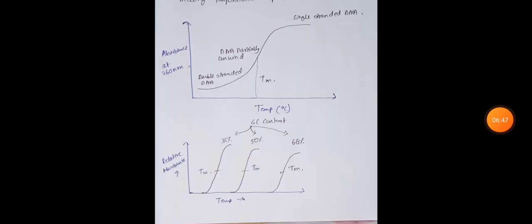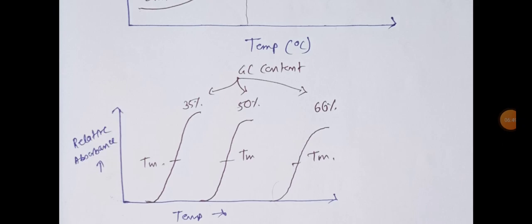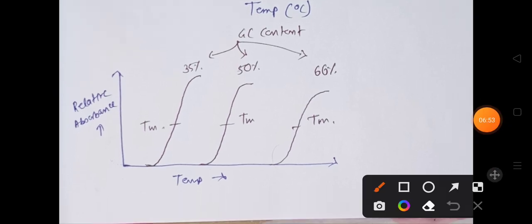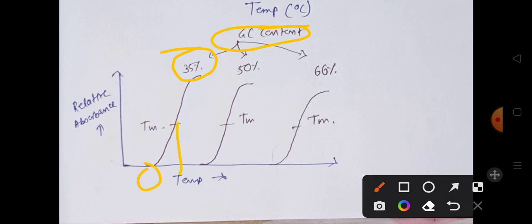Now see, here there is another graph, and this graph will explain why I told you that GC content plays a very important role in the determination of Tm. Here you can see when the GC content is just 35%, at a very low temperature we get that Tm value, right?